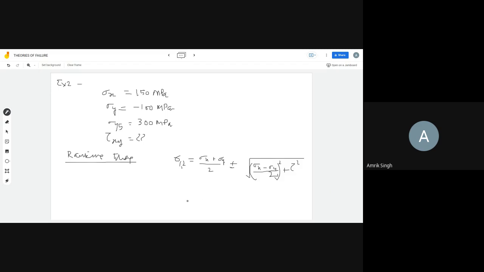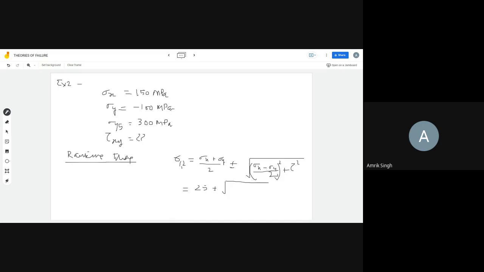So if you put the value here, you will get 150 minus 100, and that is 50. 50 upon 2 will be 25 here, plus minus 25 whole square. Sorry, this will be 150 and minus minus will be plus.